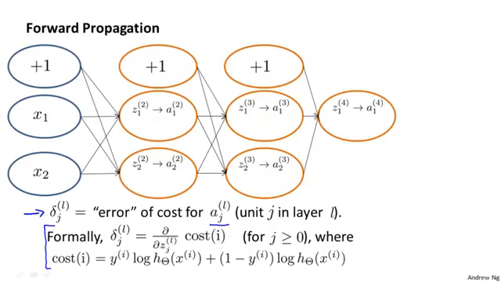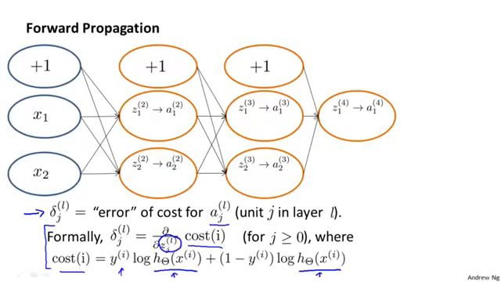Concretely, the cost function is a function of the label y and of the value h of x output by the neural network. And if we could go inside the neural network and just change those z^(l)_j values a little bit, then that will affect the values that the neural network is outputting, and so that will end up changing the cost function.